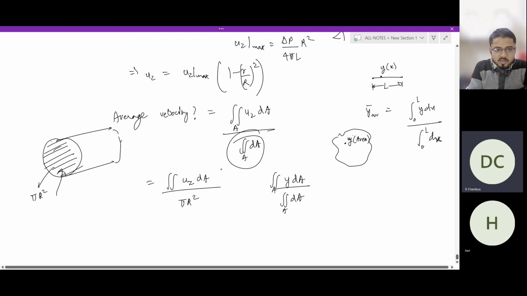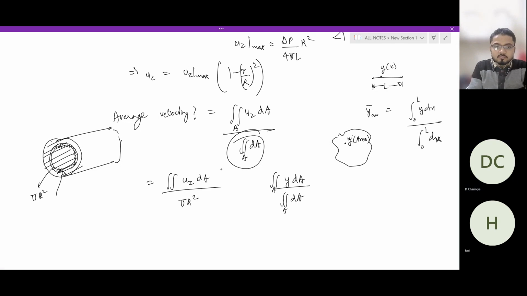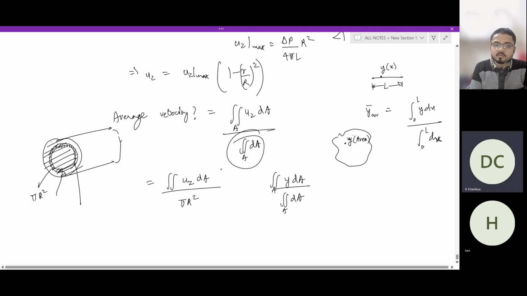Now, if you want to take a differential area element, like this one, we already took it once. What was the area of this element? It was 2 pi r dr, right? Yes. So if A equals pi r squared, then dA would be equal to 2 pi r dr.